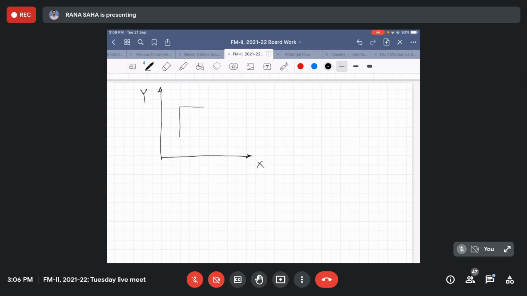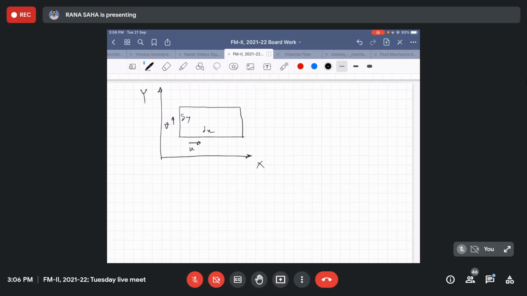If this is a particle having delta x and delta y as the dimensions and having the respective velocity v here, and this is u on this particular side.